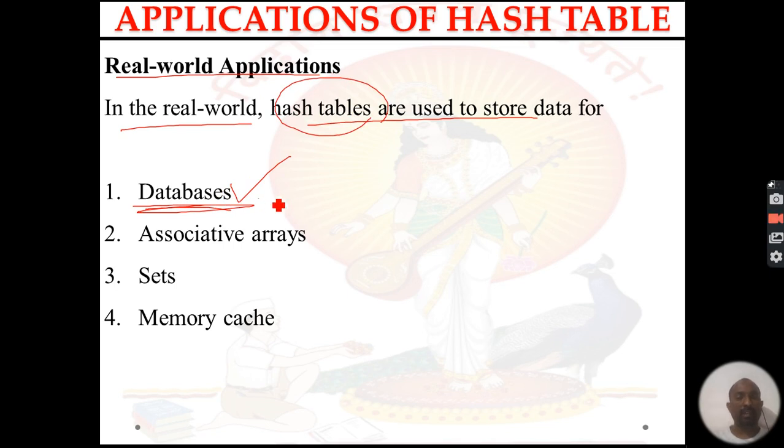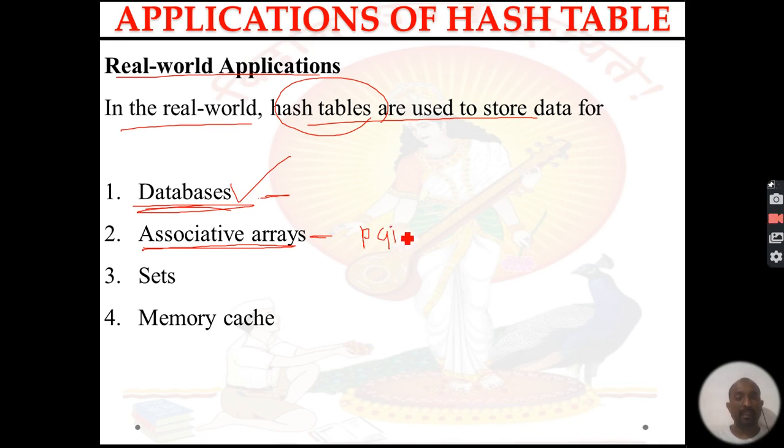As we know, there are various types of database: MySQL, MongoDB, Microsoft Access. In such databases we can use the hash table. Associative array: we have already studied associative array. Associative means there is a pair.